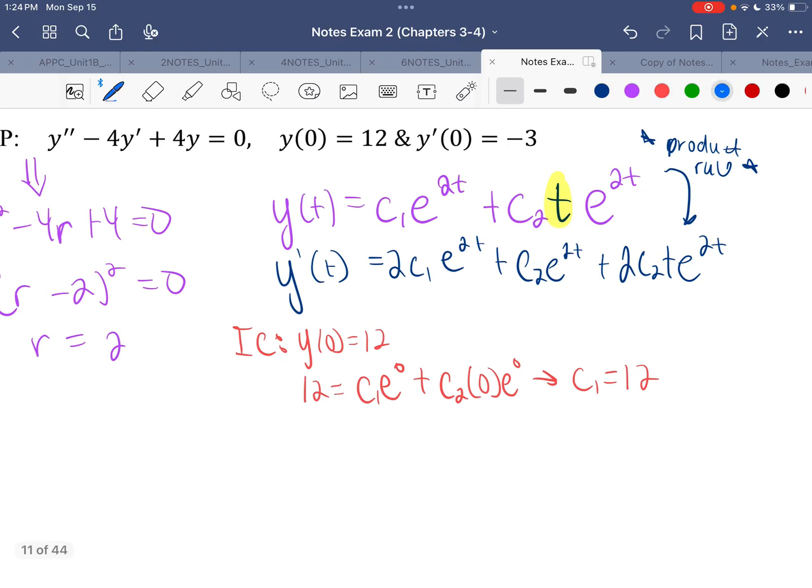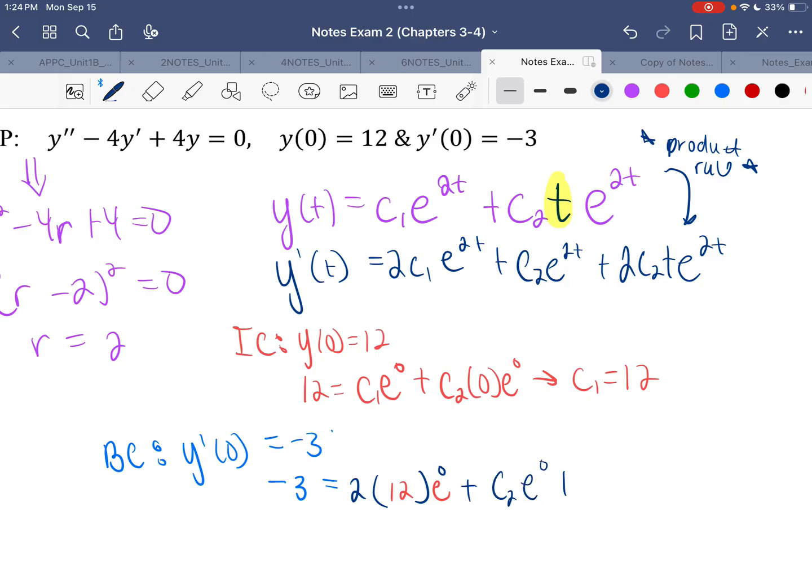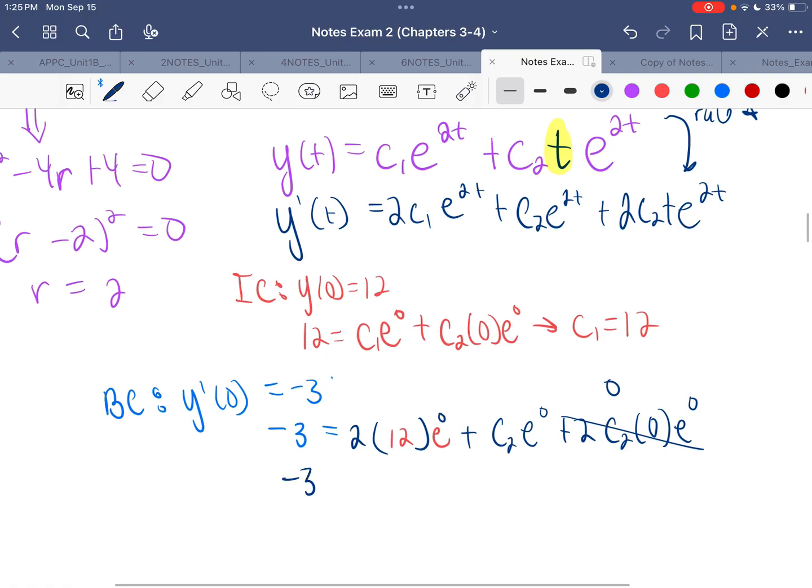All right, my y prime condition. So we got negative 3. Hang on, I just plugged into the wrong thing. 2 times c1, and c1 was 12, e to the 0, plus c2 e to the 0 plus 2c2 times 0 e to the 0. 24 plus c2.